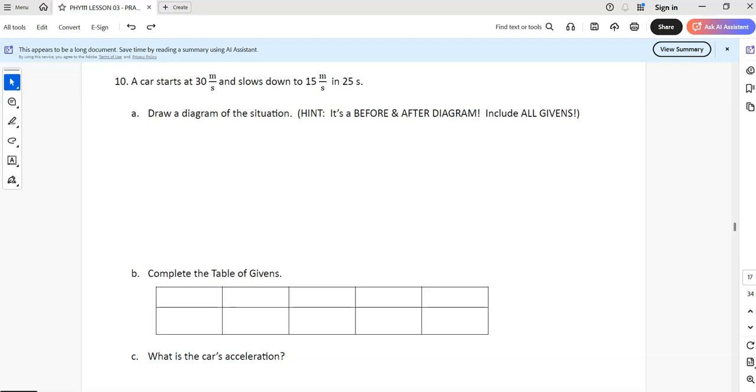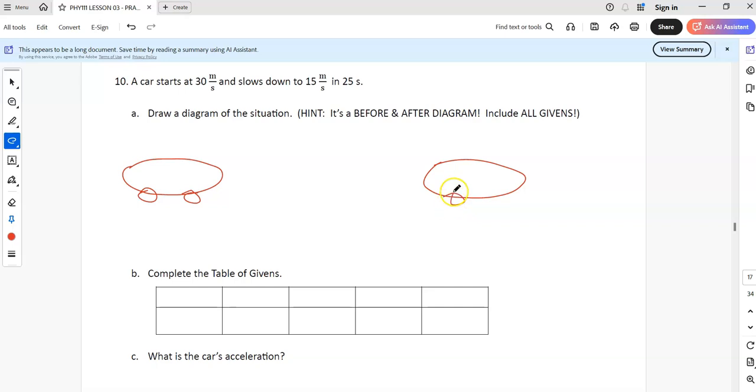So let's start by drawing our diagram here, and it doesn't have to be pretty. There's my car. It doesn't have to look like a real car. And we have a car in the beginning. That's our initial. That's our final car. And the car is going from one location to another.